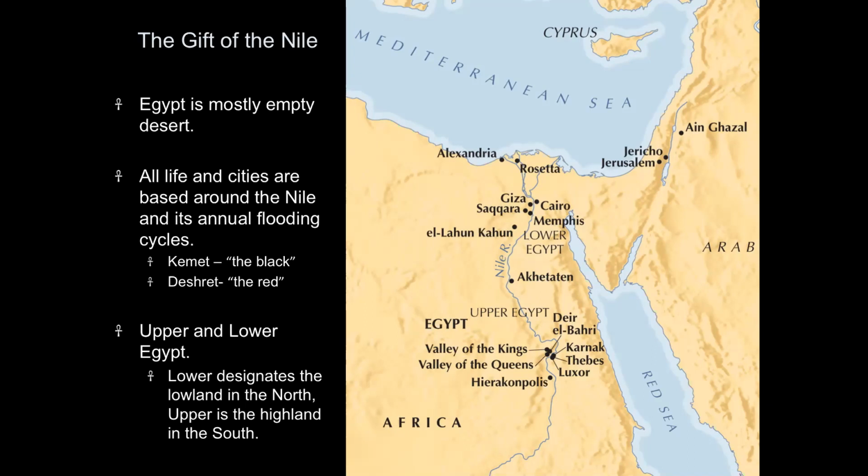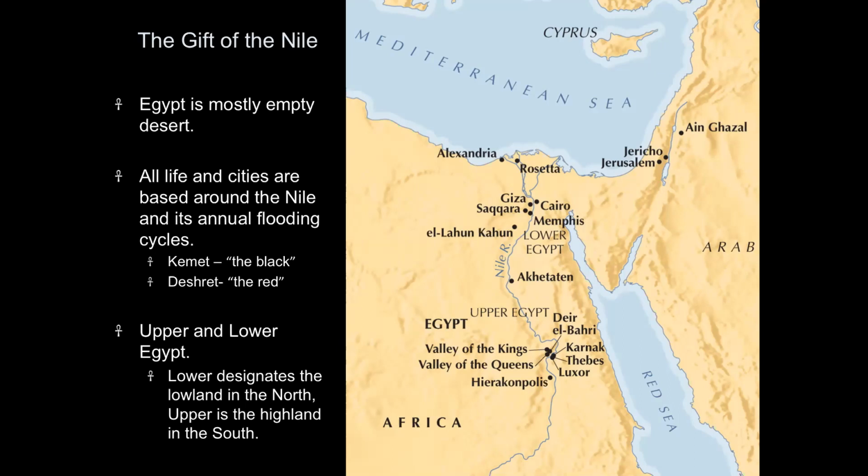And Deshret means the red land, the desert that is outside of the floodplain of the Nile. This dichotomy between two different areas, the civilized area, which is Kemet, and the uncivilized area or wilderness, which is Deshret, is something that you'll see appear in Egyptian art.